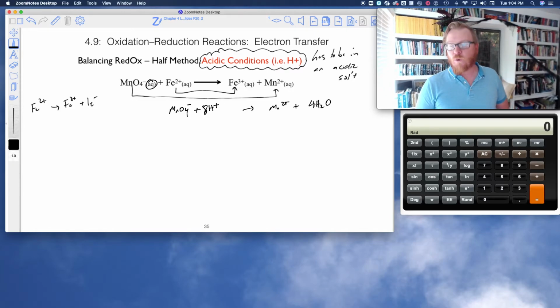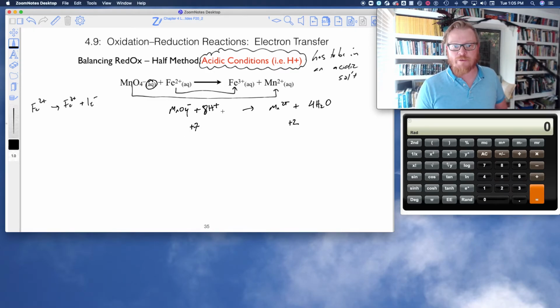However, what about my charges? Okay, well, on this side, 8 times plus 1 is plus 8, minus 1 is plus 7. So water is 0, 4 times 0 is 0. And manganese is 2 plus, right? So its oxidation state is plus 2. So I can balance these numbers now by taking away 5.